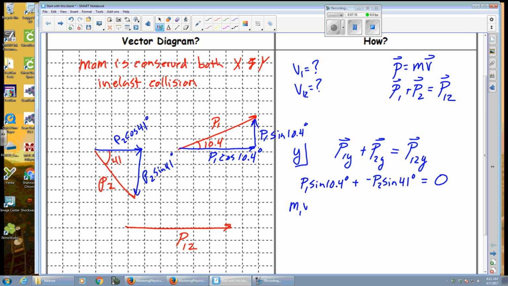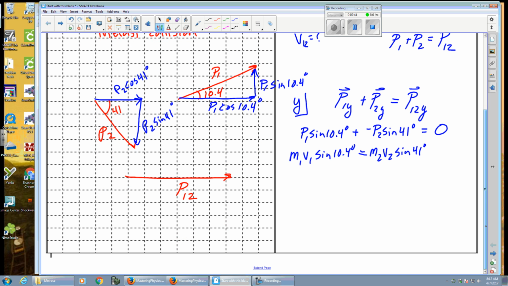So M1 V1 sine 10.4 degrees minus M2 V2 sine 41 degrees. Let's just say those two are equal. I know M1. I don't know V1. I want to know V1. I know M2, and I think I know V2. So at this point, it's just plugging in. So let's see. I'll do my numbers.